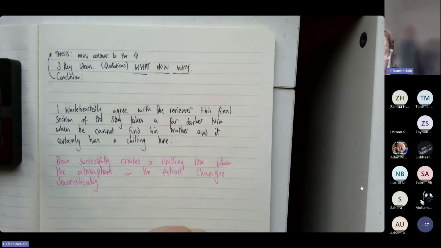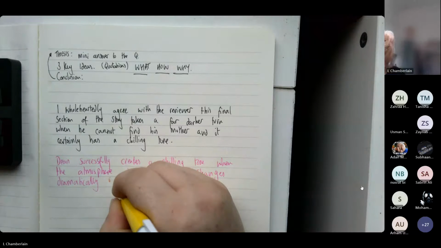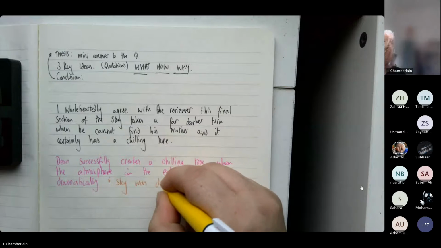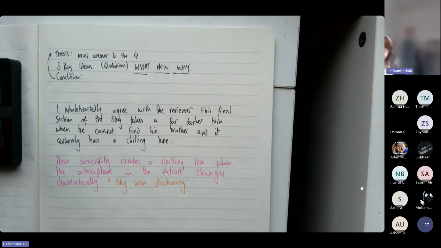And then I'm going to use my quotation, sky was darkening. So Dean successfully creates a chilling tone when the atmosphere in the extract changes dramatically.